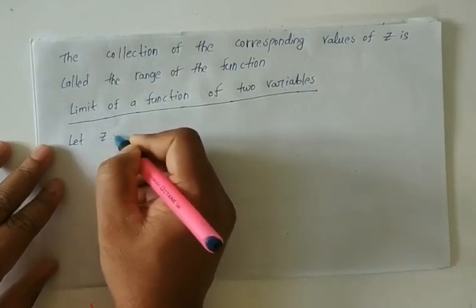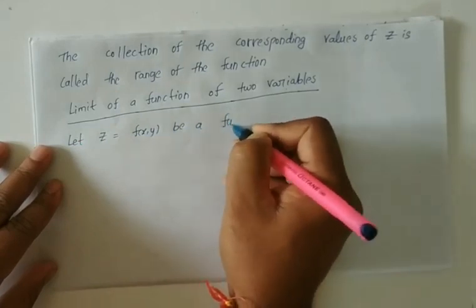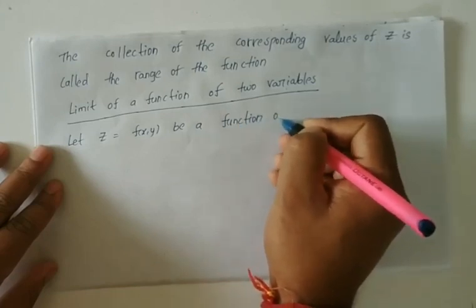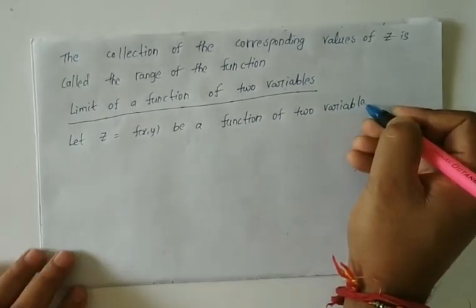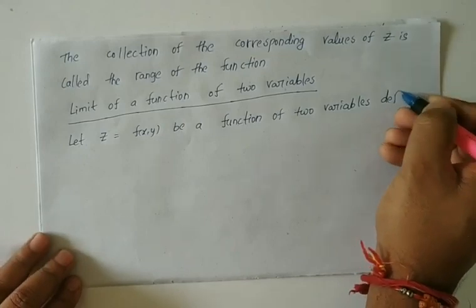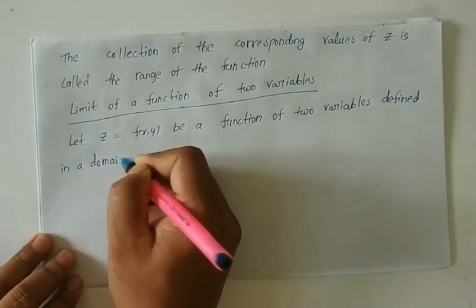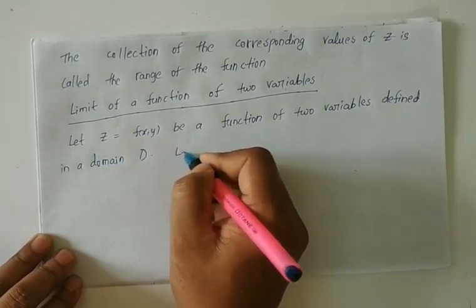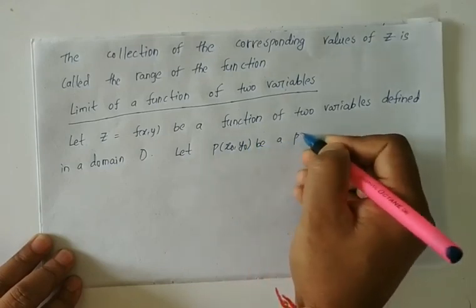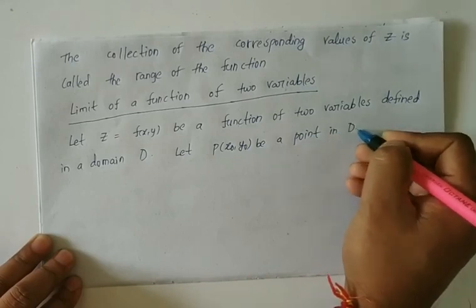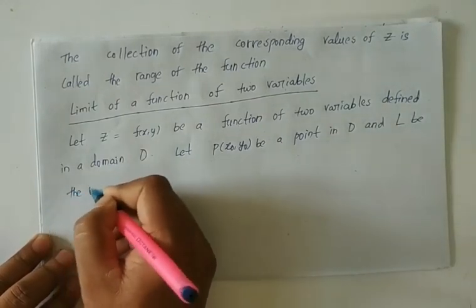Let z is equal to f of x comma y be a function of two variables defined in a domain D. Let P(x0, y0) be a point in D and let L, capital L, be a real number.